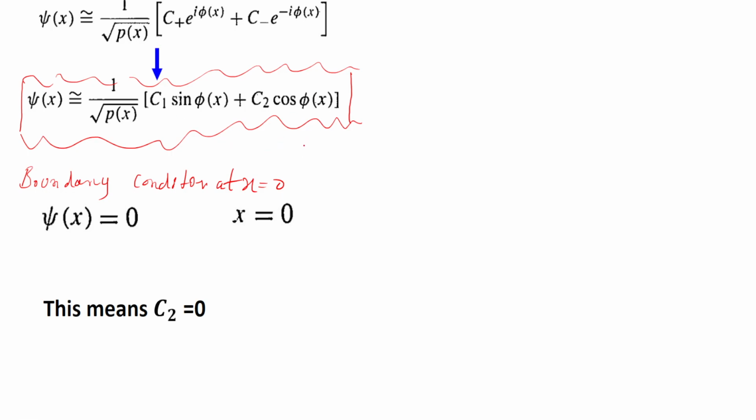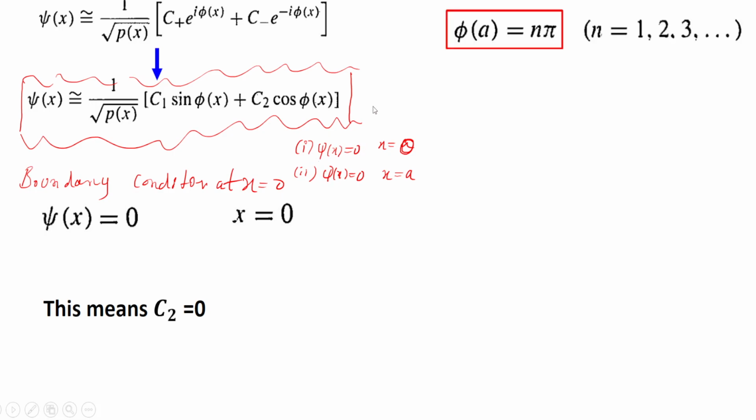The first boundary condition is psi of x equal to 0 at x equal to 0. The second boundary condition is that the wave function equals 0 at x equal to a.